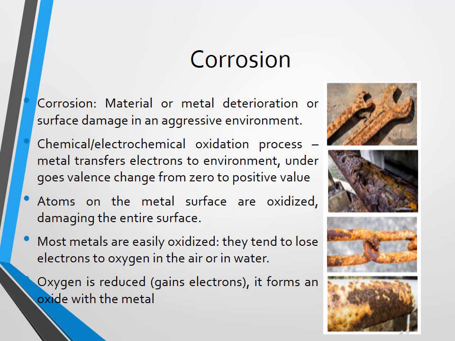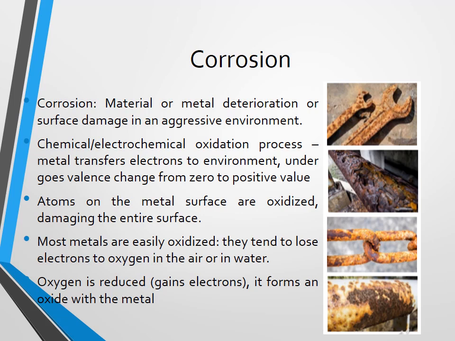Just like you can see here, there are some iron objects shown, and these are corroded due to the process of corrosion. Their physical appearance, their durability, their strength, all are affected by this corrosion process. So what is this corrosion process? Let's see that. Corrosion is a chemical and electrochemical oxidation process.